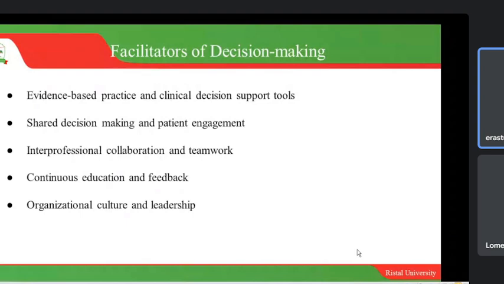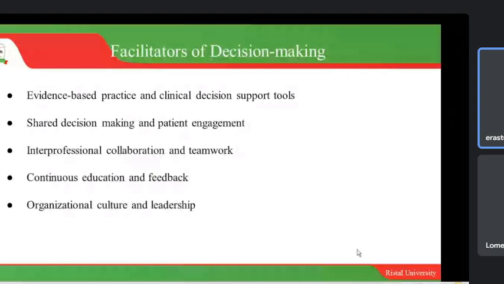Then shared decision making and patient engagement. So we need to engage with our patients. We call it patient participation. We need to make sure that we are involving them in every step of the decision or the treatment that we want to undertake.